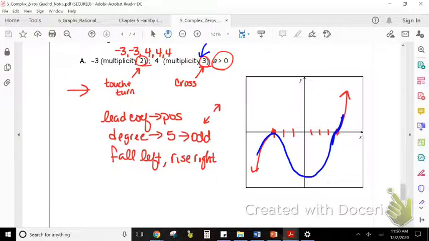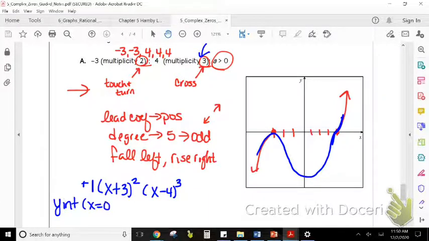And you can check this because you could write out your factors here, okay? You could say we're going to have x plus 3 squared, and we're going to have x minus 4 cubed, and we know it was a positive number here, so we're just going to pretend it's a positive 1, okay? If I find my y-intercept, which is where we let x equal 0, it'll tell us at least if it should be positive or negative.